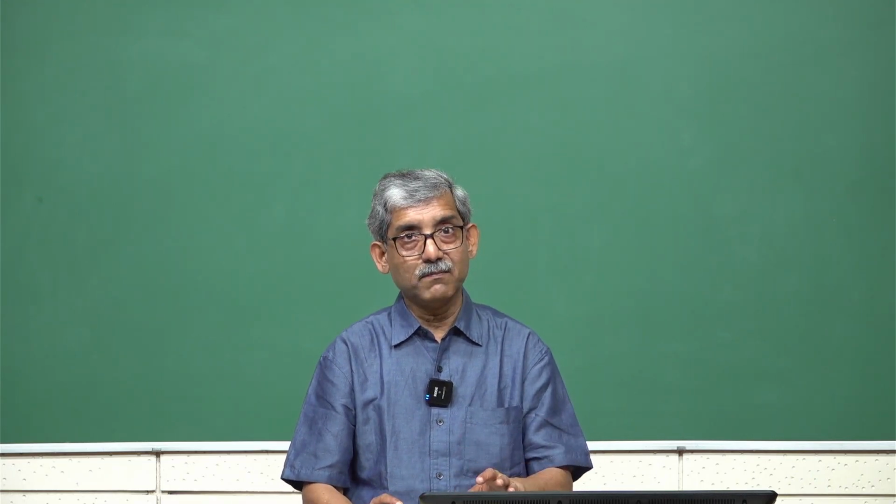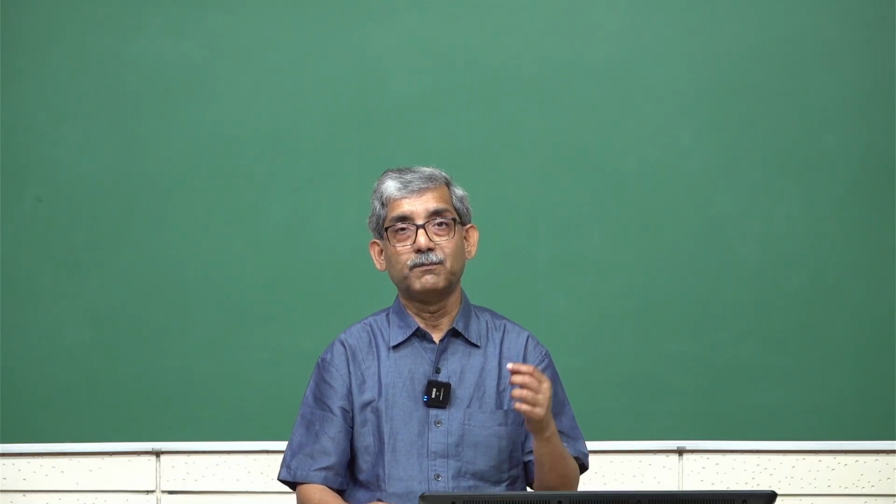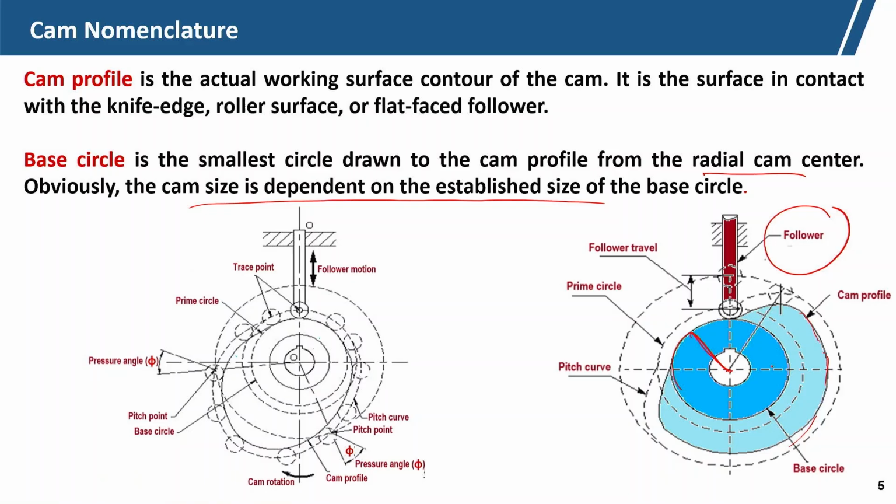For the same stroke we can have different sizes of cam, but that depends on the base circle. If we want a smaller cam, the base circle should be smaller. So, this is the base circle.